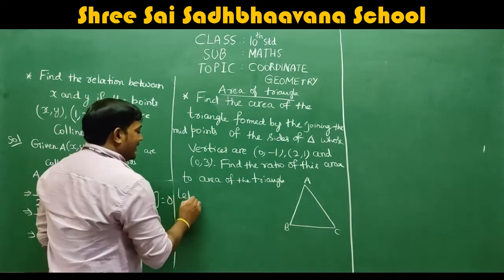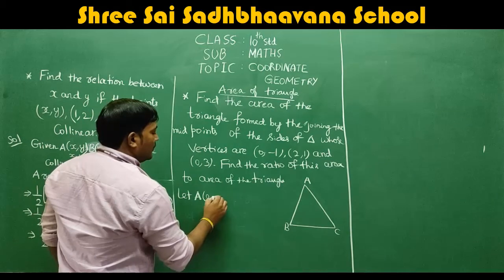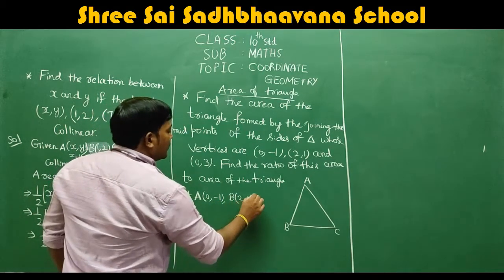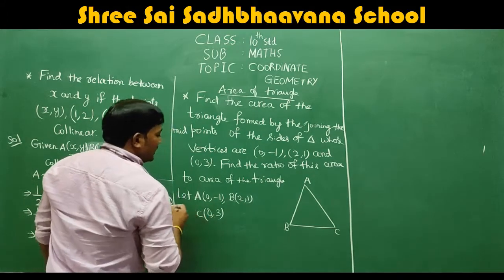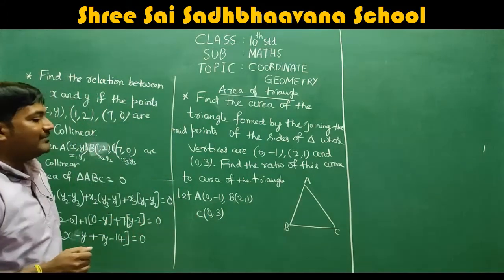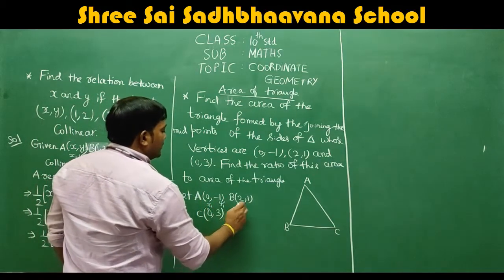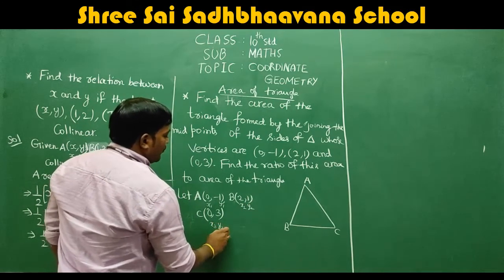As I always told, you take A as the first one, B as the second one, (2, 1), and C as the third one, (0, 3). So let A, B, C be the 3 vertices; this is x1, y1, this is x2, y2, and this is x3, y3.